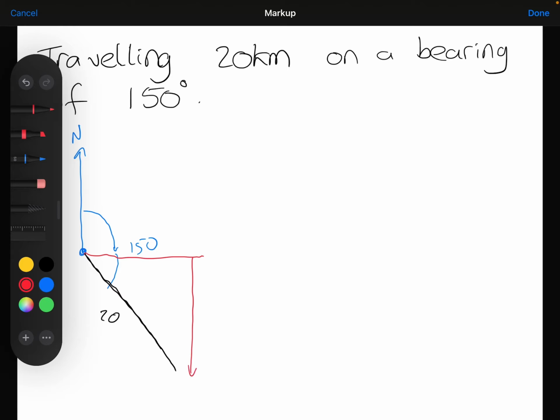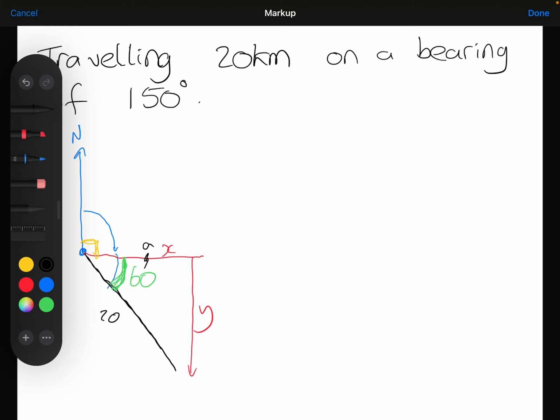Now, to work out the x and the y here, the angle that I'm missing here would be 60 degrees, because 150 take away that 90 there. To work out the x, that is the adjacent side in this right angle triangle.